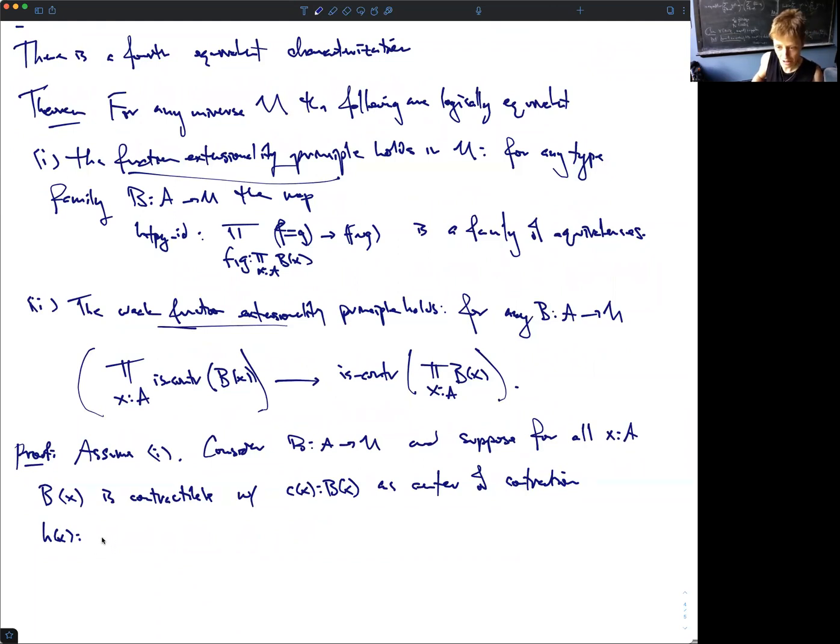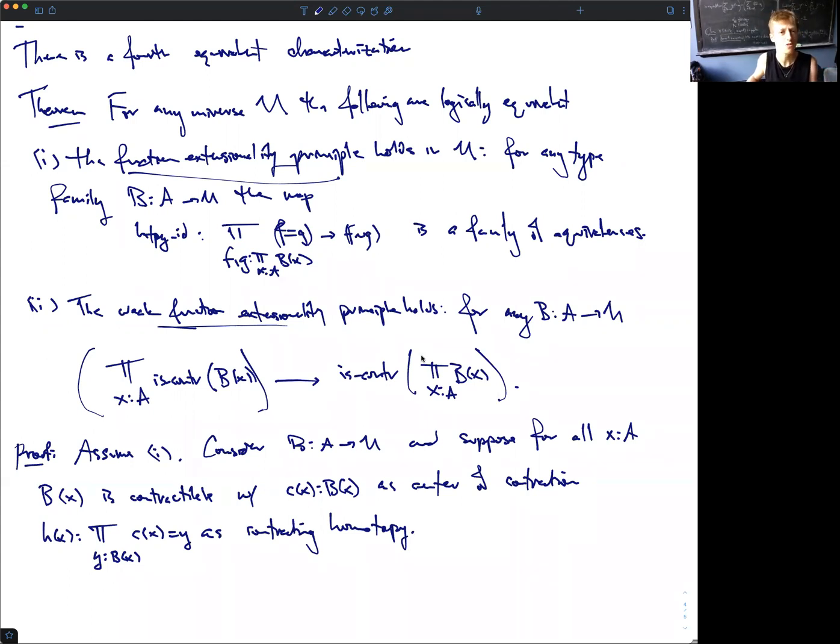What is a contracting homotopy again? It would be a map that for all y in B of x gives an identification from c of x to y. So that's my contracting homotopy.